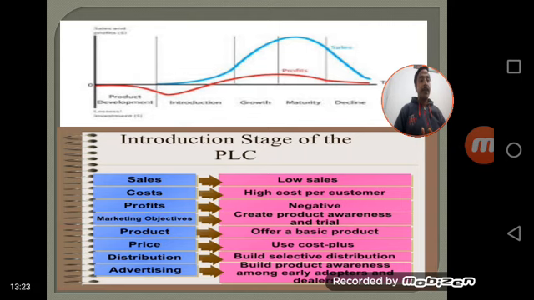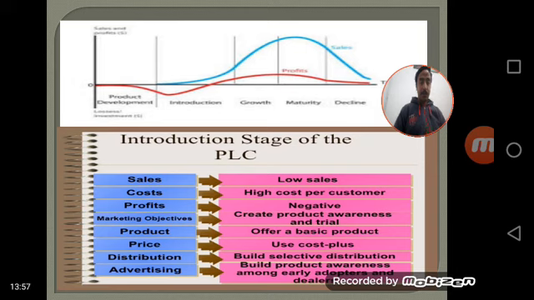Clear? Because they are still not reaching the break-even point, or still not recovering the first stage product development cost. So what kind of marketing strategy or marketing objective will they use? They only use awareness or trial, because your product has just been launched, so you want to make consumers aware of the product, or you give the consumer a trial, to first use it and then believe whether this product is good or bad.